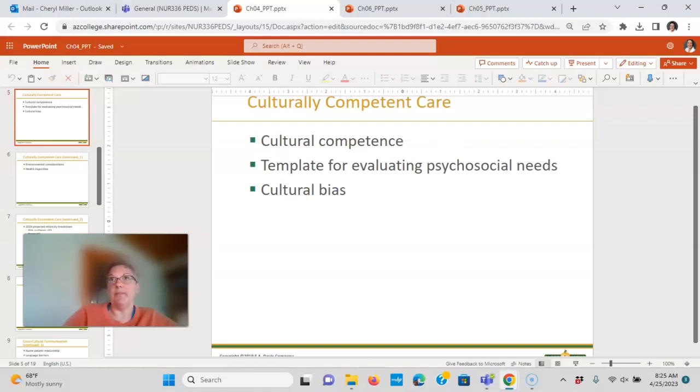So underrepresented minorities occur in a higher incidence now and have poorer health outcomes. So we're really looking for those disparities in care, like race, religion, socioeconomic status, sex, age, mental health, and cognitive, sensory, and physical disabilities, sexual orientation, and geographical location.